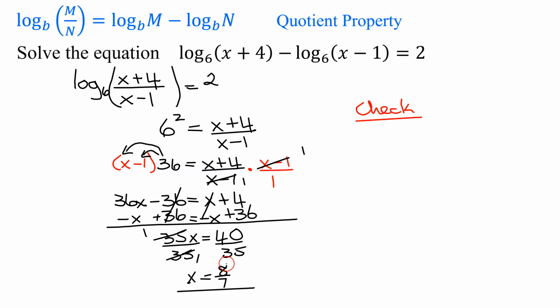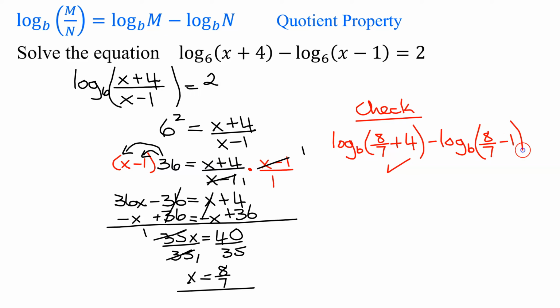That means plug my solution into the original equation. All I have to do is make sure the arguments of each of the logs are positive numbers. So log to the base 6 of x plus 4, so that's 8/7 plus 4. Two positive numbers added together, definitely positive. Keep going. Minus log to the base 6 of 8/7 minus 1.